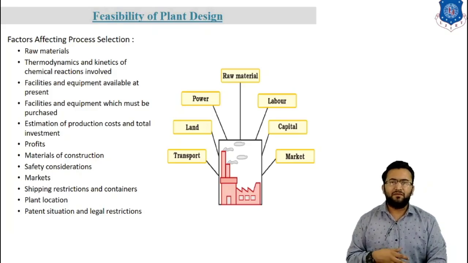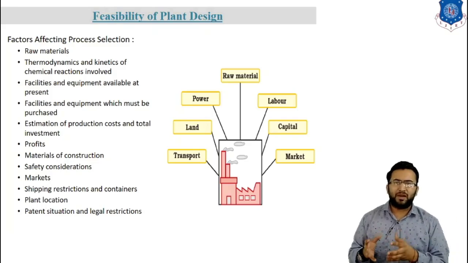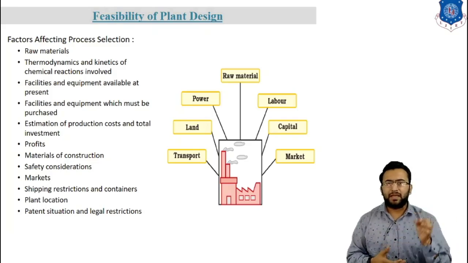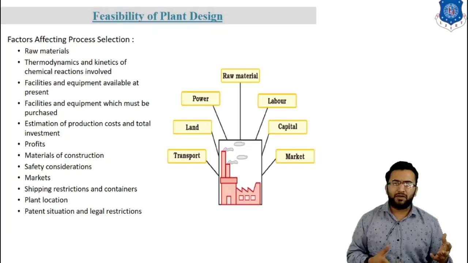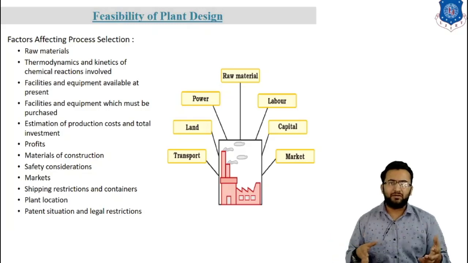The effects of corrosion and erosion must be considered in the design of chemical plants and equipment. Chemical resistance and physical properties of construction materials are therefore important factors in the choice and design of equipment. The material of construction must be resistant to the corrosive action of any chemical that may contact the surface. So this is all about plant feasibility.